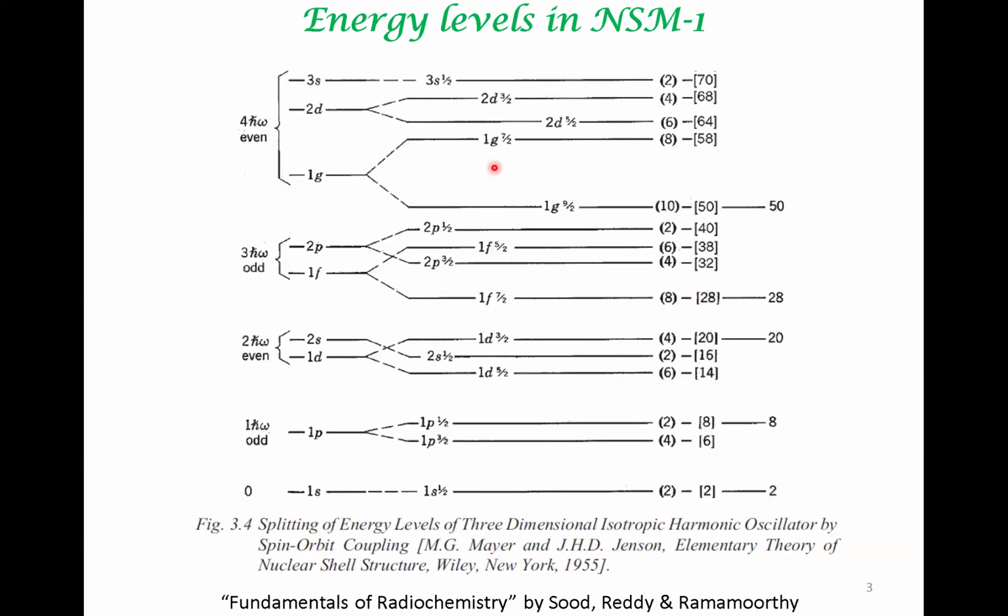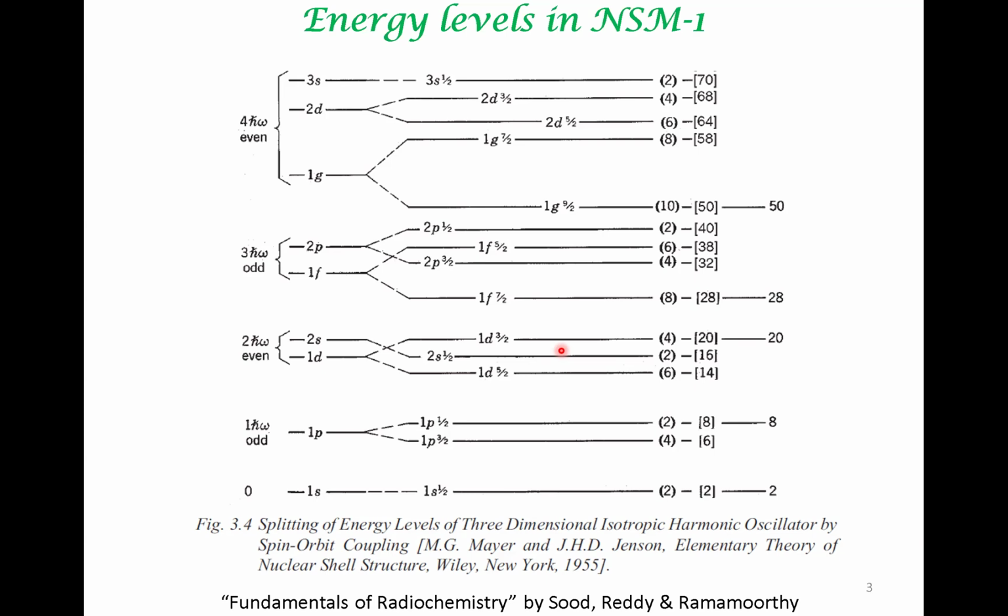Once you have these levels, we can use them to fill the neutrons. Supposing your nucleus has only 2 neutrons, you fill here. If you have 6 neutrons, you fill till this level, and so on. So this is the building up principle for nucleons.